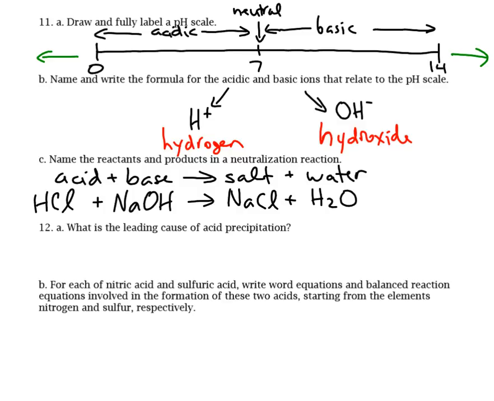Our products are salt and water in any neutralization reaction. So I just use a common acid, hydrochloric acid, hydrogen chloride, and a very common base, sodium hydroxide, which would give the salt NaCl and water H2O.